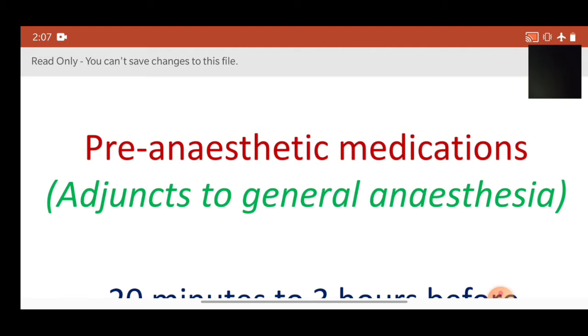Adjuncts to general anesthesia means the drugs facilitate surgery, facilitate general anesthetic drugs, and facilitate our body to be ready to undergo the surgical procedure under anesthetic conditions. Means these pre-anesthetic medications are aids to general anesthesia.